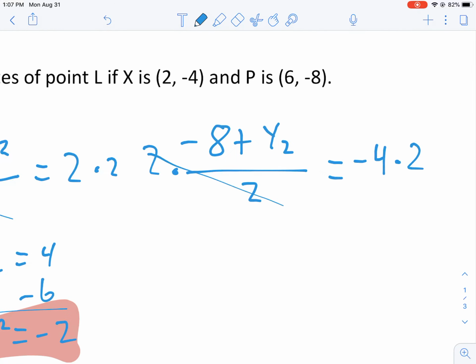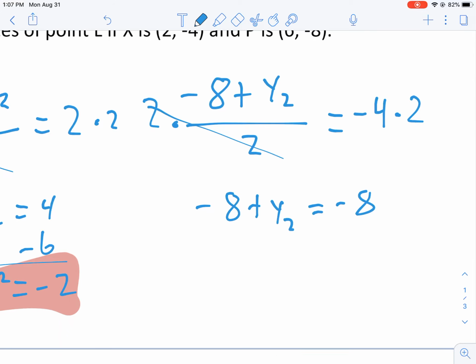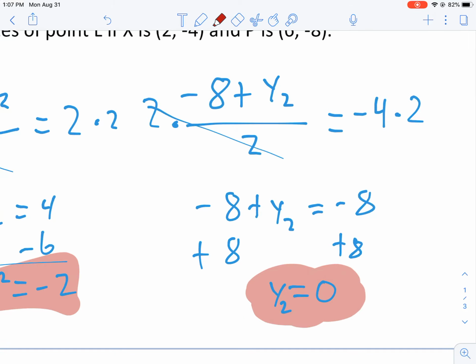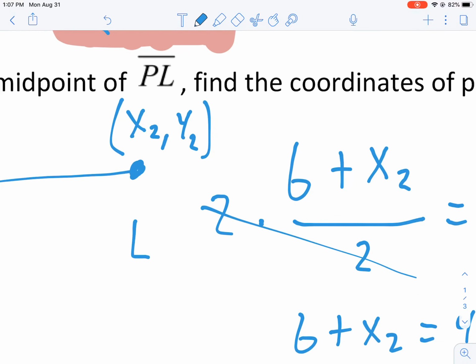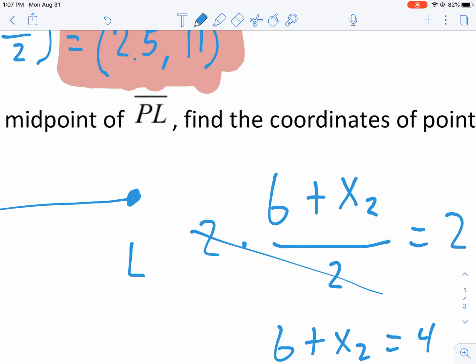We're going to multiply by 2, so we've got -8 plus y2 equals -8. Now we're going to add 8 on both sides, and we actually get y2 equals 0, which is interesting. And so now we know that L is at -2, 0. All right, and that'd be our answer.